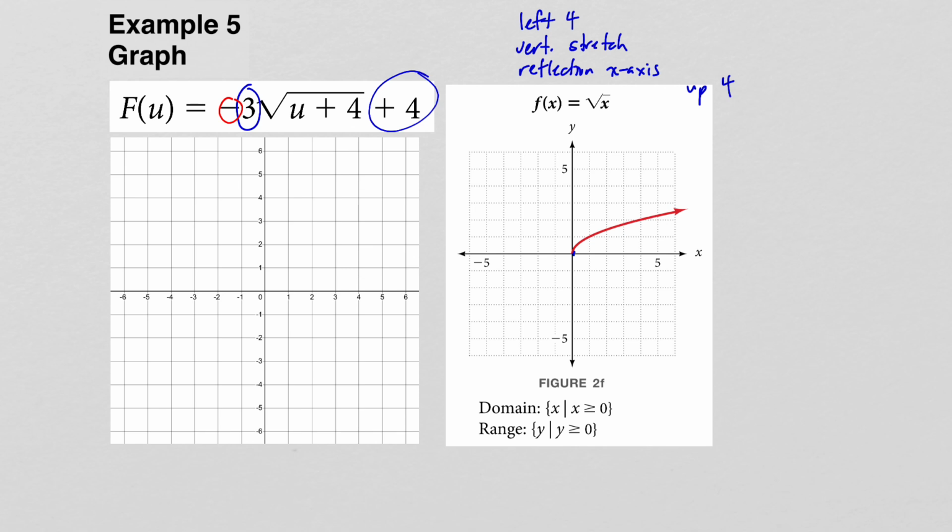That is going to shift it up 4 units. So let me just focus on the initial point here. If I take that point and I shift it to the left 4, that's going to put it over here. And then we're going to stretch it by a factor of 3. Now, I really can't show that until I start graphing it. So that's going to make it 3 times as tall, basically. Okay, so what does that mean?